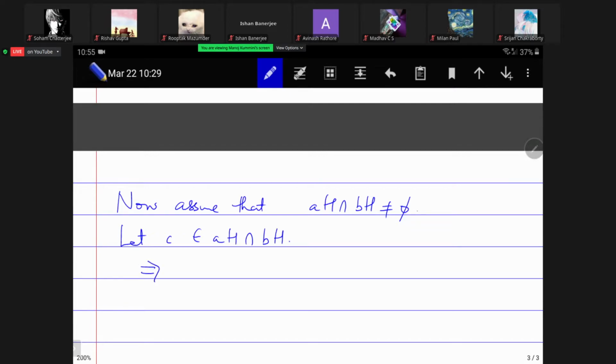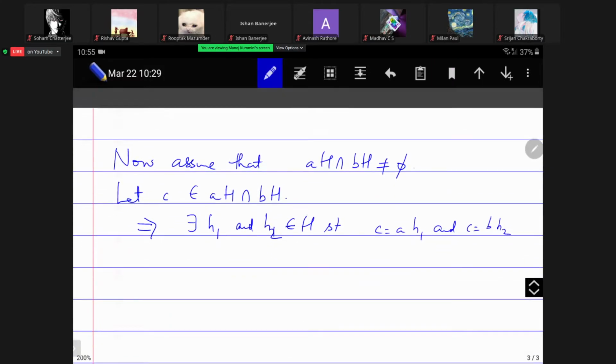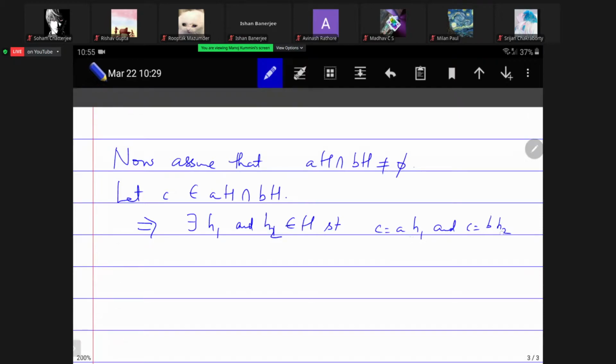This implies that there exist H1 and H2 inside H such that C is AH1 and C is BH2. But what does this mean?